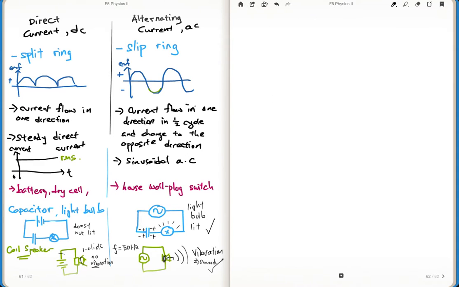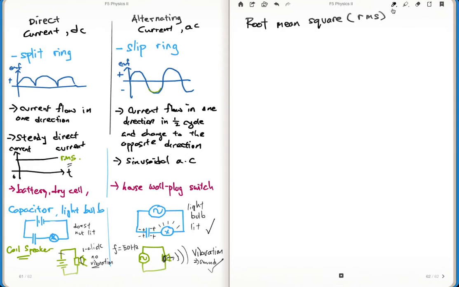Then earlier I mentioned about the RMS value. What does it mean by that? It means root mean square. RMS.